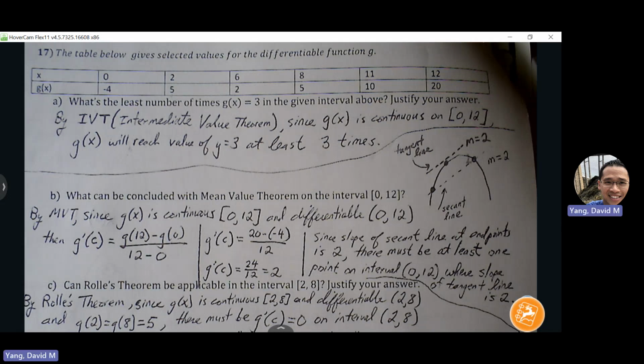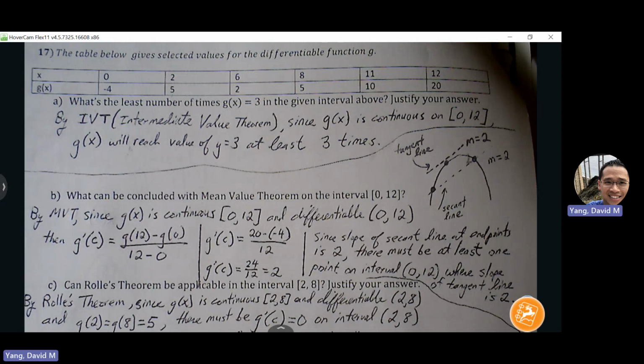Yeah, so A, B, and C here connects IVT, mean value theorem, and Rolle's theorem.